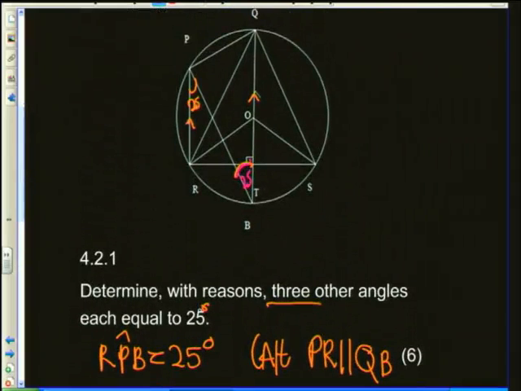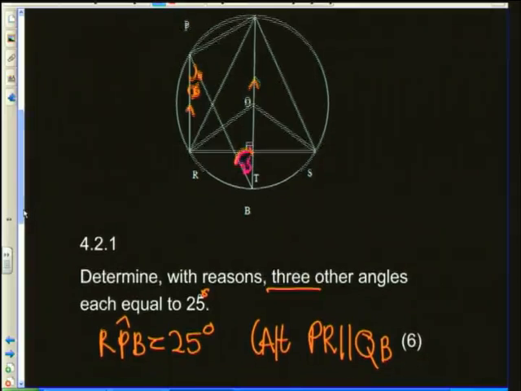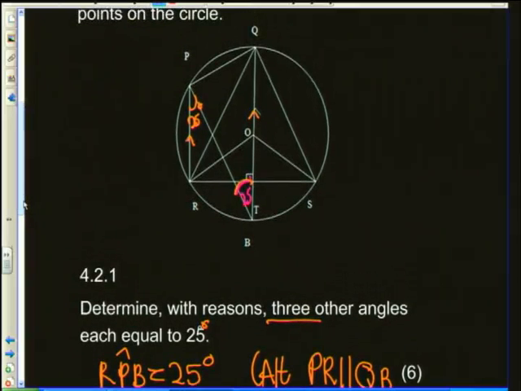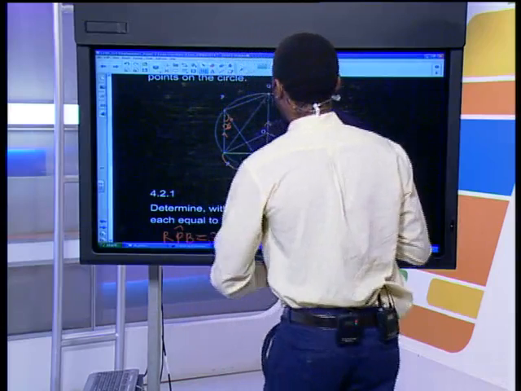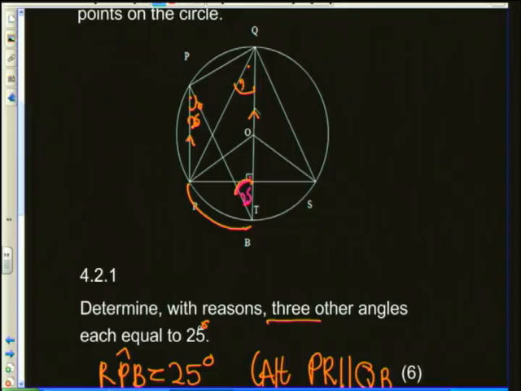What else can we say? A very important theorem, as you can see here, is that these 2 angles are subtended by the same arc, RB. So they must be equal to each other. So there's our second angle, 25 degrees. Let's write it down.